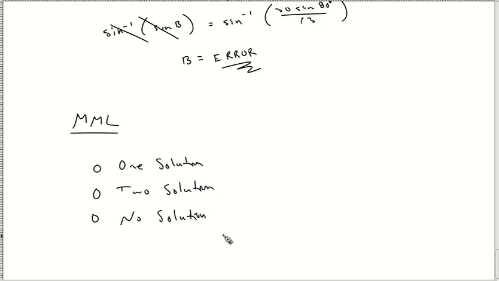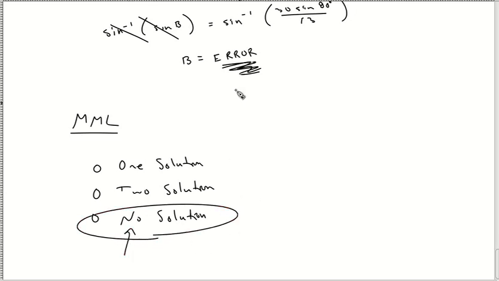I think you were on one solution. That's what we had in the last 2 problems. But I have an error, so which one makes sense now? Well, 2 is going to be the next problem. I'm going to say no solution. No means like none. Error. So, no solution. Now you understand.